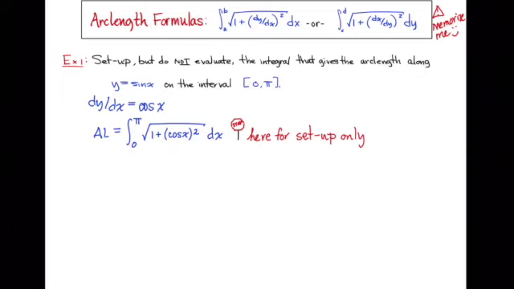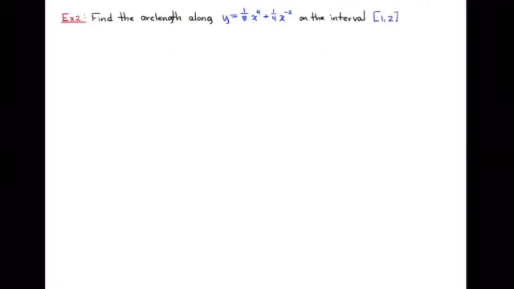Let's do one that's a little bit more involved. Let's find the arc length of 1/8 x to the 4th plus 1/4 x to the -2 on the interval from 1 to 2.